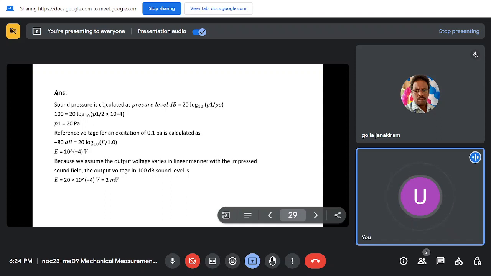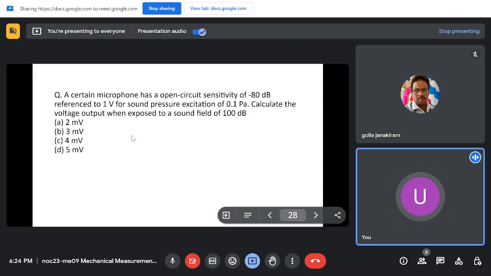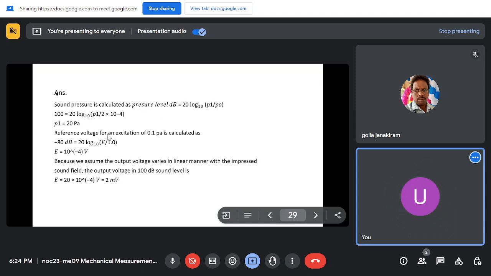Then as per the question, we know for an excitation of 0.1 pascal, the voltage level is minus 80 decibel. So in this relation, the reference voltage can be used: minus 80, which is the level, equals 20 log 10 of the excitation EMF divided by the reference EMF.